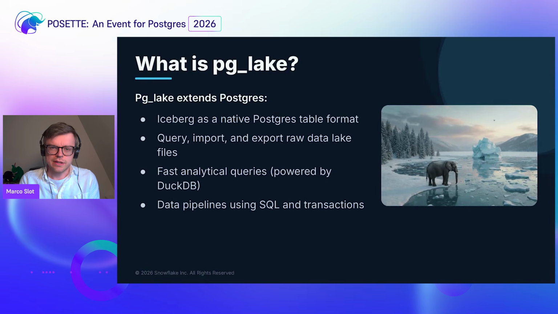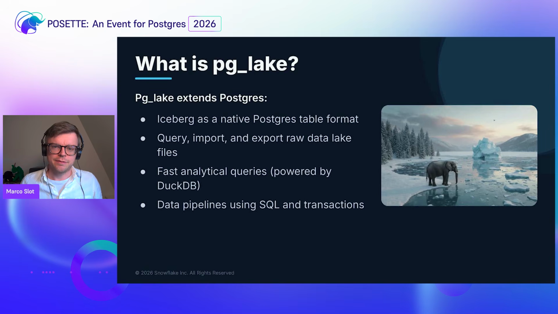But it also connects you to the more raw data lake where you can import and export and query Parquet files, CSV files, JSON files, and even some other file formats, and work with those very easily via SQL. And then when you're using Iceberg or Parquet, it can also run very fast analytical queries on those tables by delegating part of the query into another query engine called DuckDB.